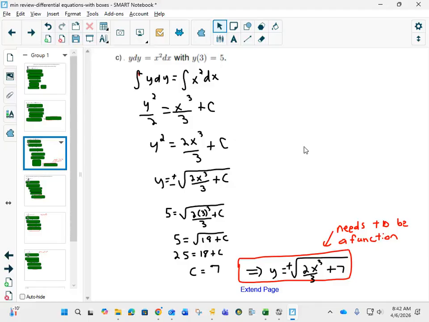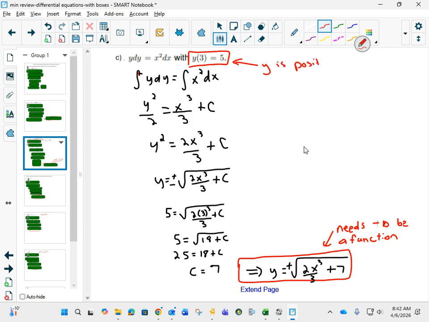It was already nicely separated, so the integration was easy. But in solving for y, you have to square root both sides, which involves making sure you have the plus or minus. Okay, we put in our initial condition and solve for c, and our initial condition right here tells us that when x is 3, y is positive 5. So you need to show the plus or minus and then know to only take the plus.